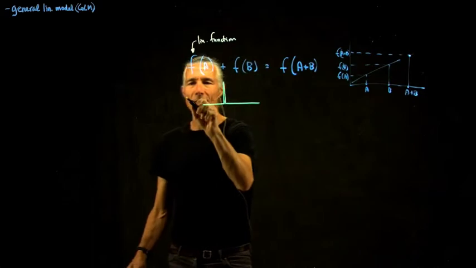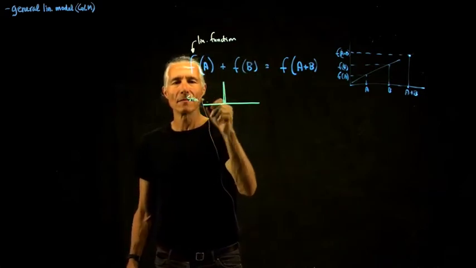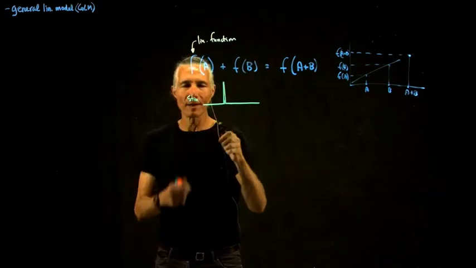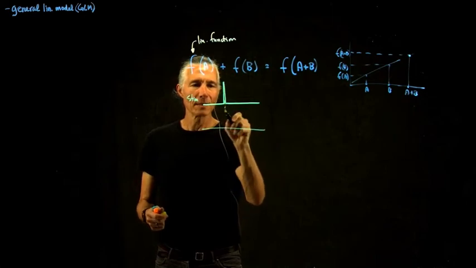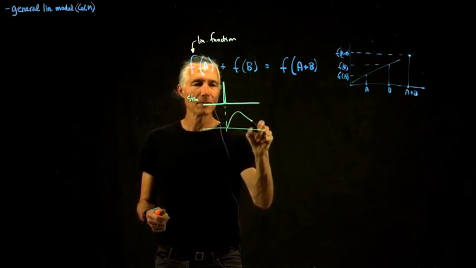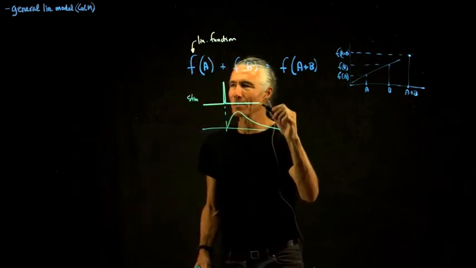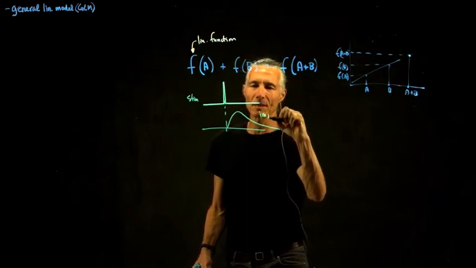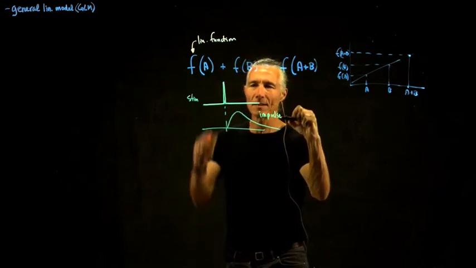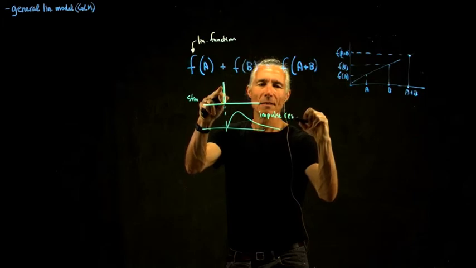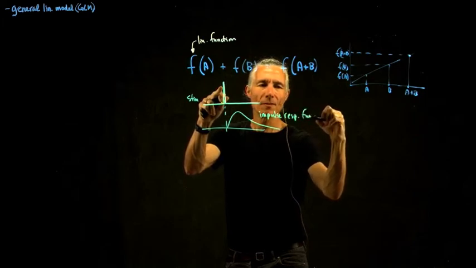So if this is the stimulus, and then we have a linear system that operates on it, if that stimulus generates some kind of response like that, this would be called the impulse response function. So this is the impulse.